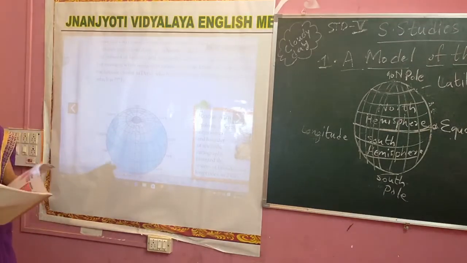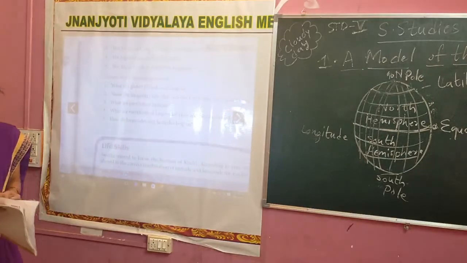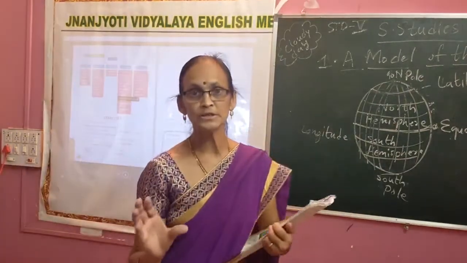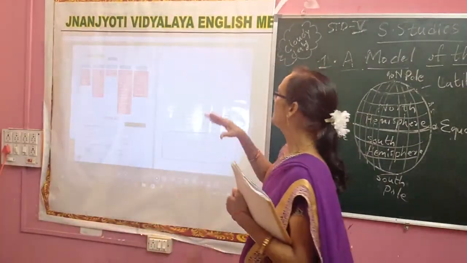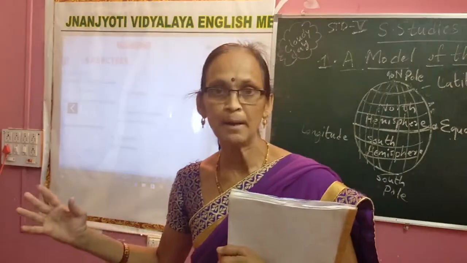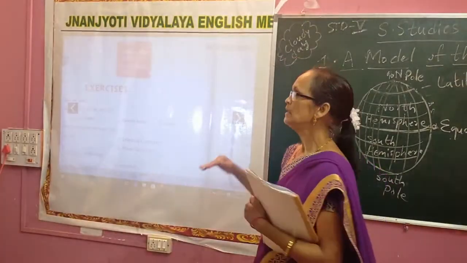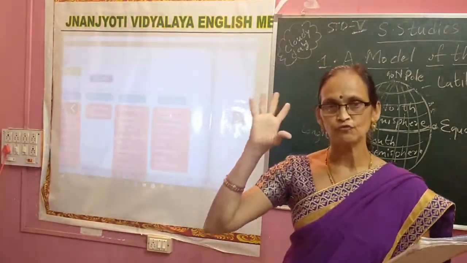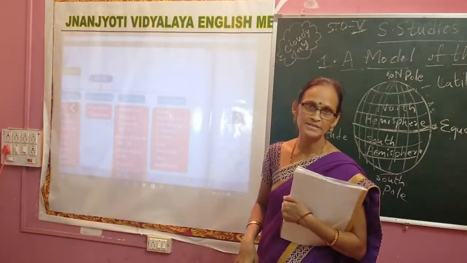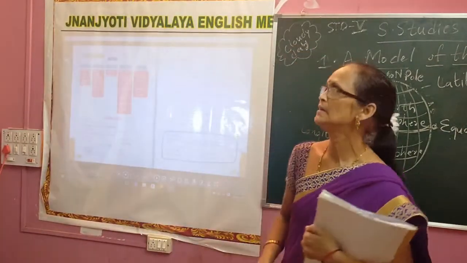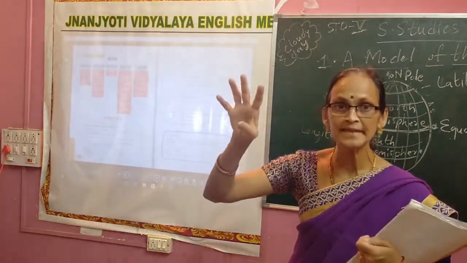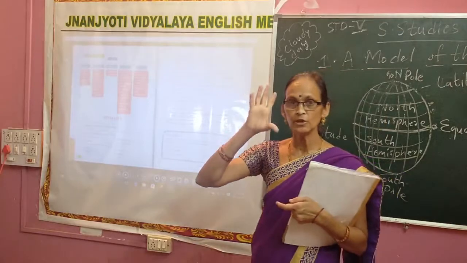Now, we talked about the globe. The globe is a model of the earth. It has a blue part called the water area, and the land part which is brown in color. The water part is divided into 5 oceans, and the land part is divided into 7 continents. Then we talked about the imaginary lines on the globe.